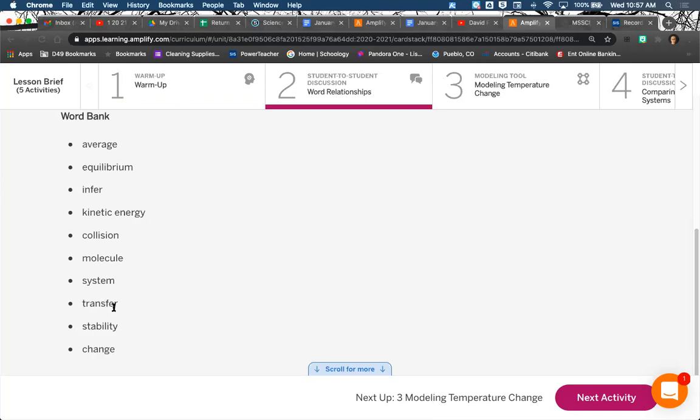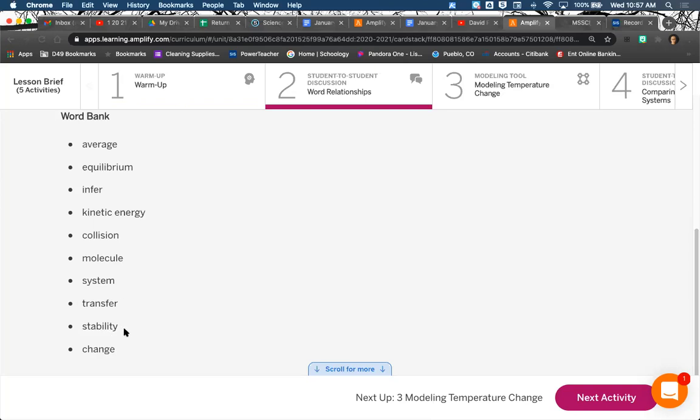Remember that the transfer of this energy always takes place from higher states of energy or warmer molecules and transfers it to cooler molecules or molecules that have a lower kinetic energy. We always move from high energy to low energy.